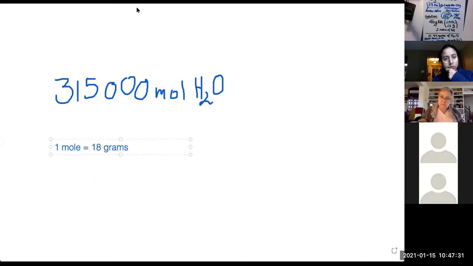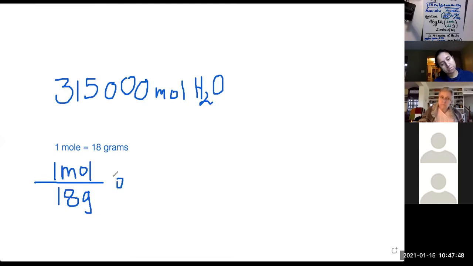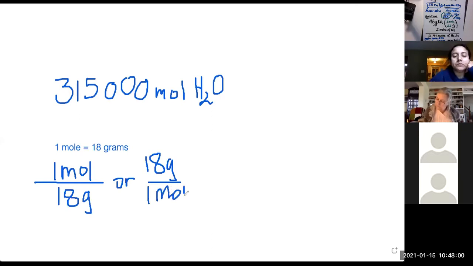So now, if you write it out in your notes: 1 mole over 18 grams of water is equal to, if you flip it again, 18 grams divided by 1 mole of water. What do we call these two fractions?